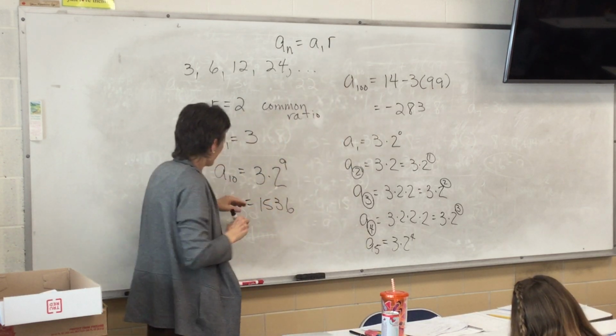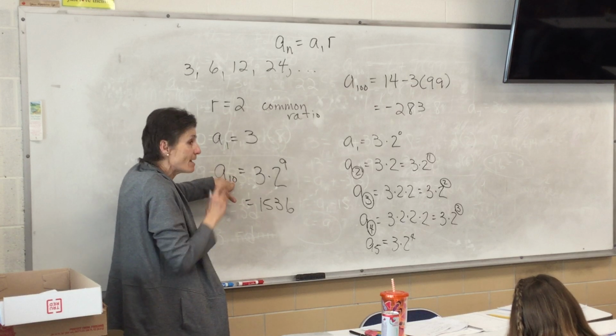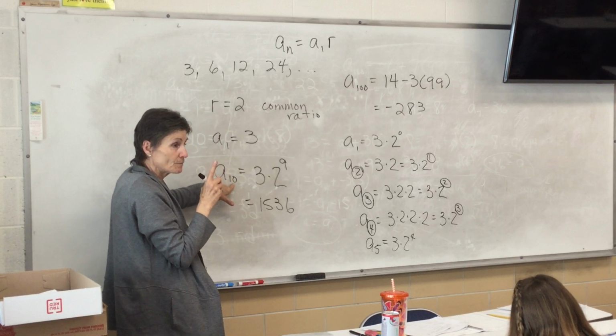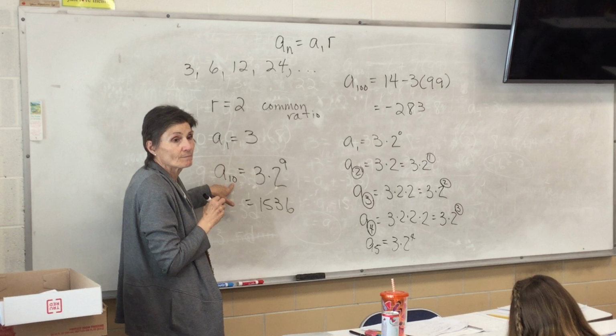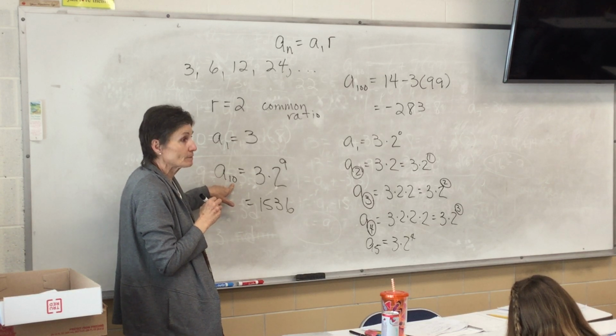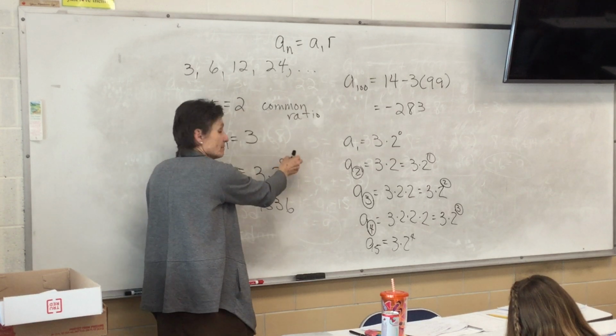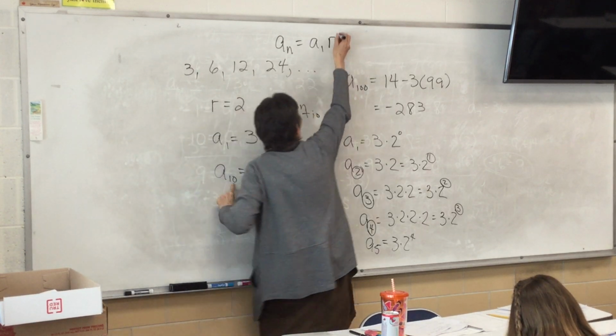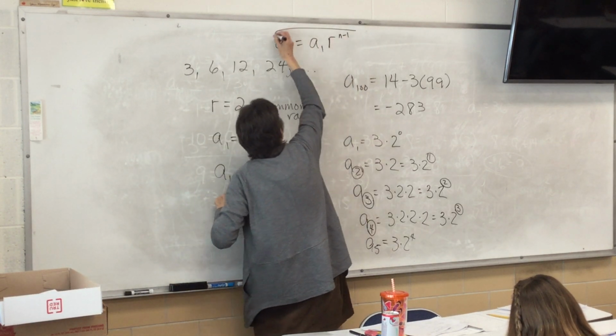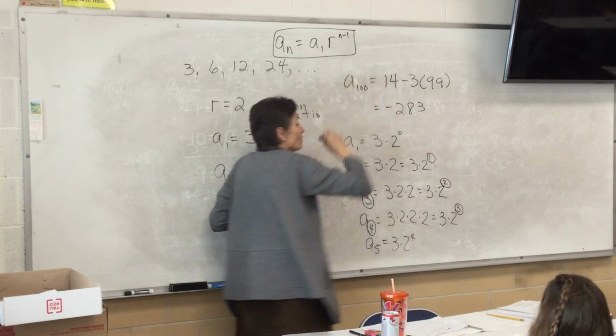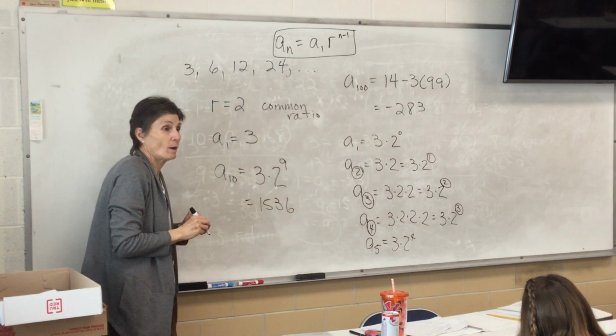And then, if I am finding the nth term, what is my exponent? Not n, they don't match. This wasn't a 10. N minus 1. N minus 1. There is your formula for a geometric sequence.